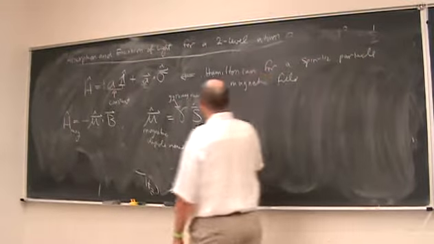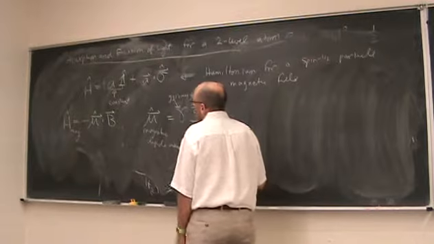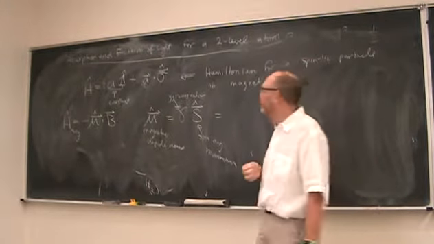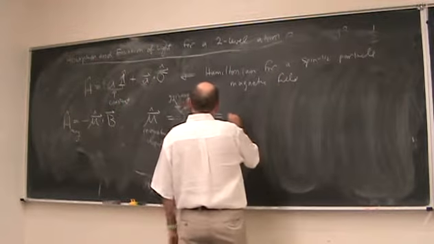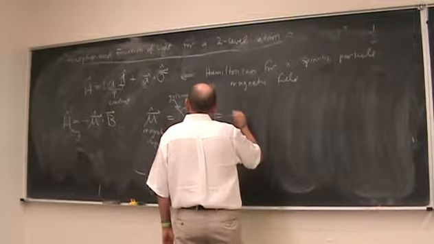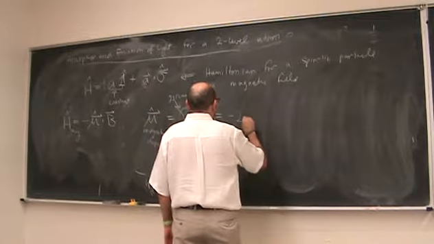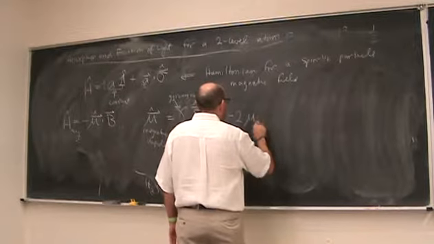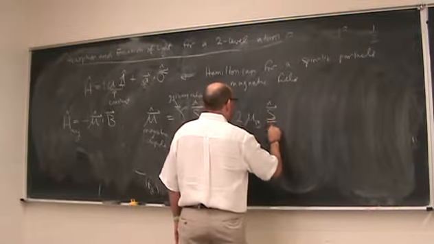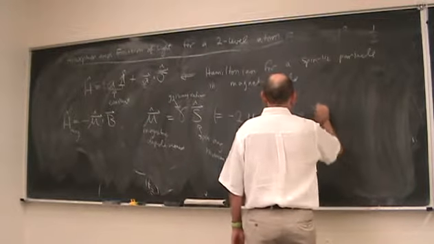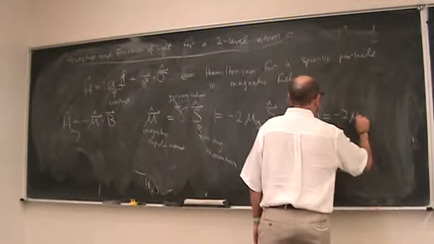So, for an electron, just to think of an example of an actual spin 1/2 particle, this would equal minus 2 the Bohr magneton times the spin angular momentum. Right, so in this case, gamma is minus 2 the Bohr magneton over h bar.